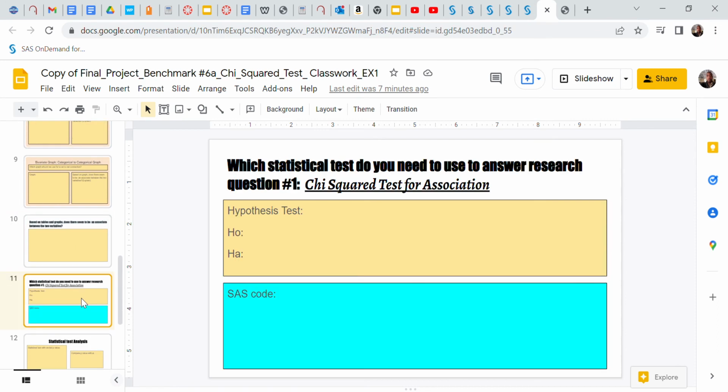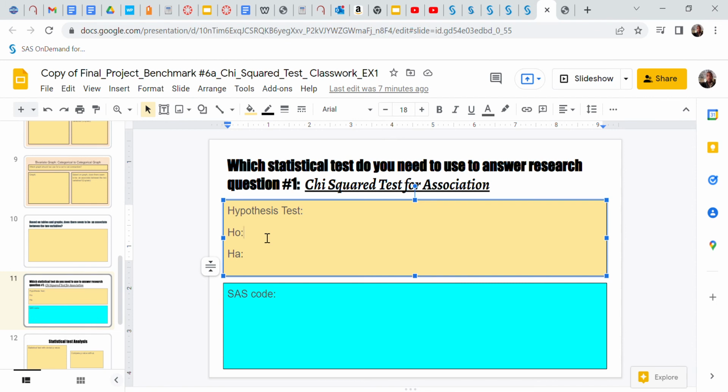Cool. Next, we're going to do the chi-squared test for association. We like the chi-squared test for association, number one, because the null and alternative hypotheses are very easy. So the null is always going to be, remember, you have to prove there's association.